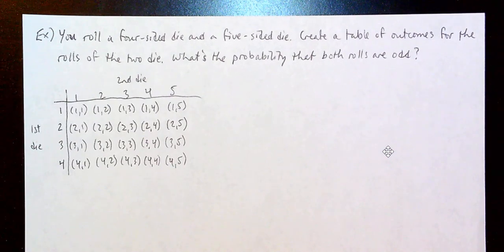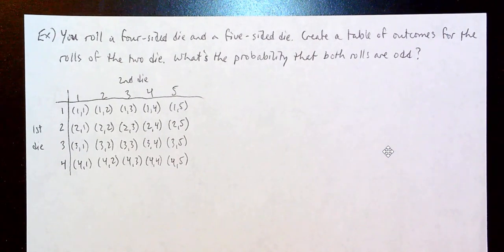So there's our full table. These are all the possible outcomes for rolling a 4-sided and a 5-sided die, simply noting what the results are. So now we just need the probability that both rolls are odd.